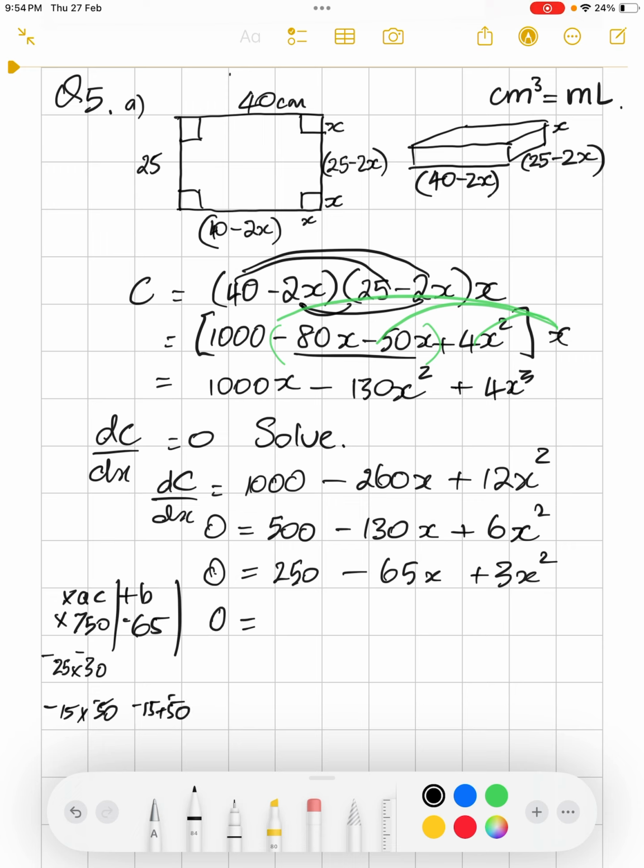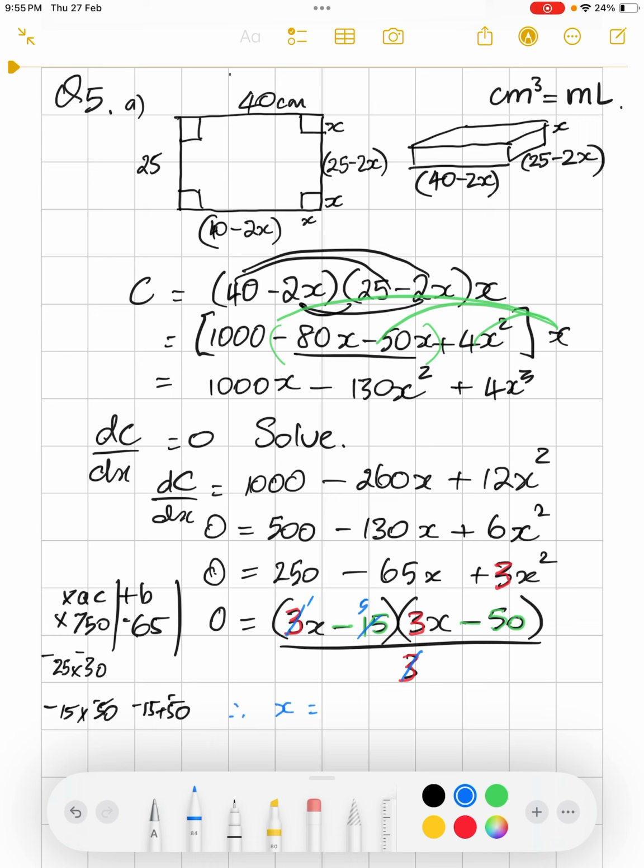So we can factorize this to be 3x minus 15, 3x minus 50, all over 3. I've got the negative 15 in here, negative 50. And because it's plus 3x squared, I put a 3x over 3. Now we can cancel that 3 with this bracket.